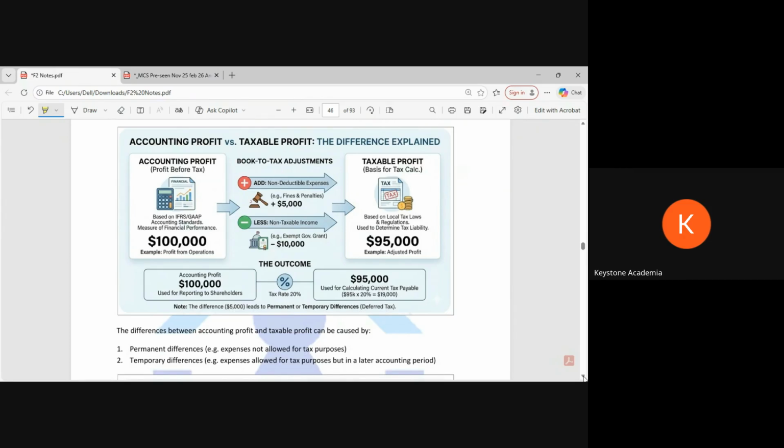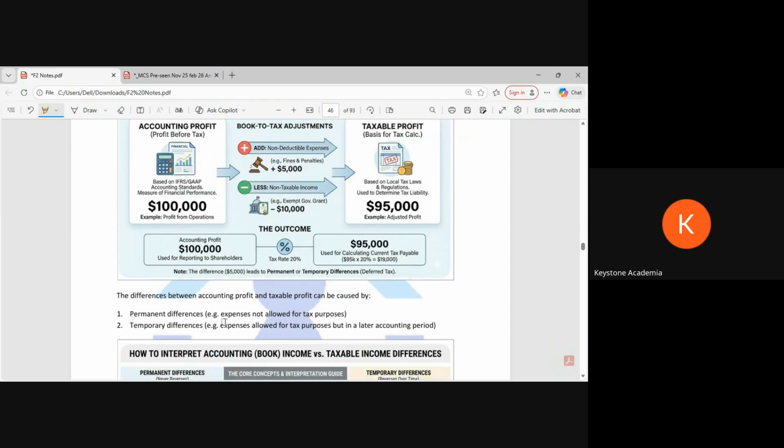Anyways, the difference between accounting profit and taxable profit can be permanent differences. Expenses not allowed for tax. This one is important, and it is because of the government. Government doesn't want companies to show a lot of expenses just to reduce their tax. In fact, this is part of OCS also.